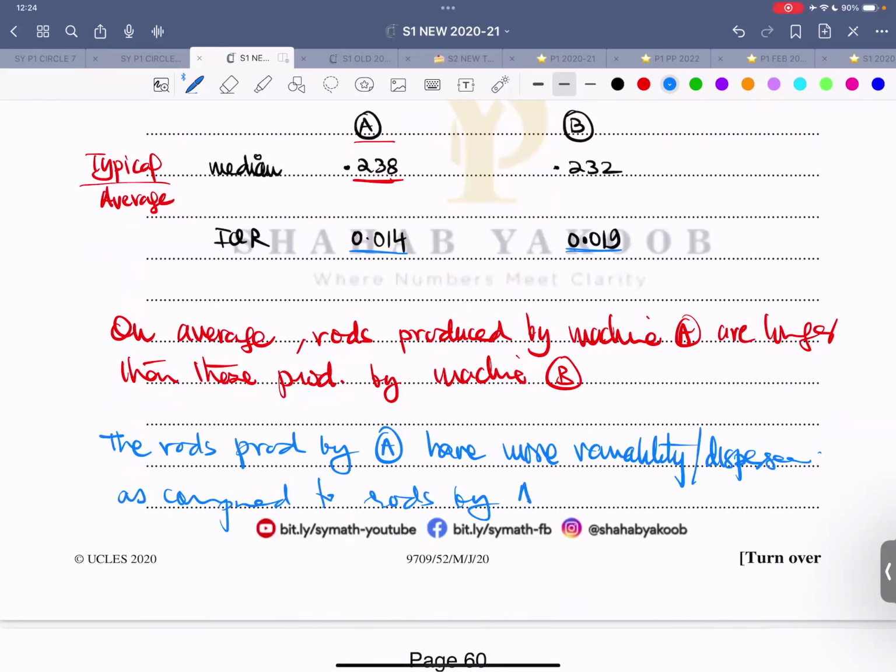Uh, this is A and this is B. So let me correct this thing. So the lengths are more varied. The lengths are more varied. So I think this is also a good statement.